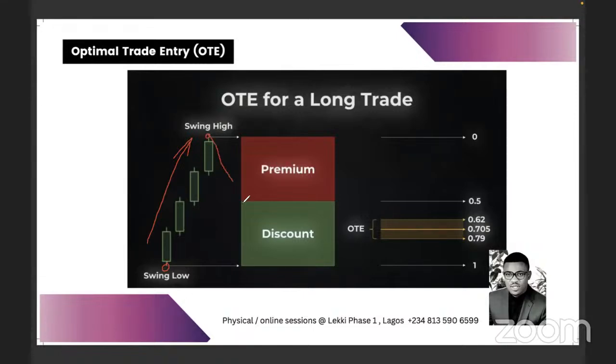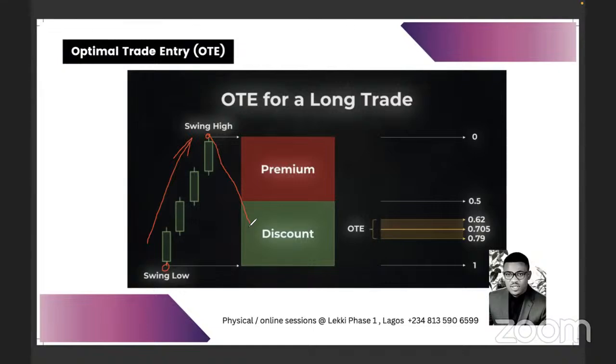So the market will discount, or we say retrace, but the right word is not retrace. Retrace is for elementary and small traders. But you as a professional trader, you will say that the market will discount. Once the market discounts, where is the most optimal place?